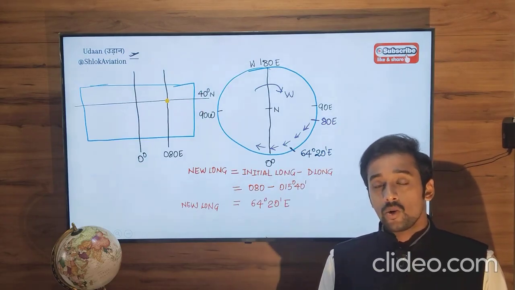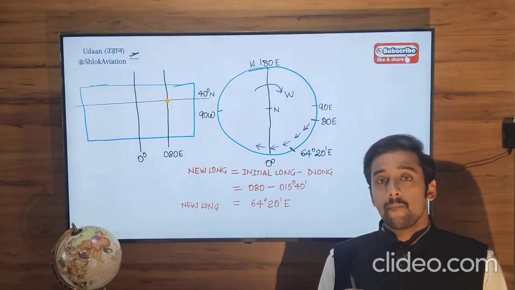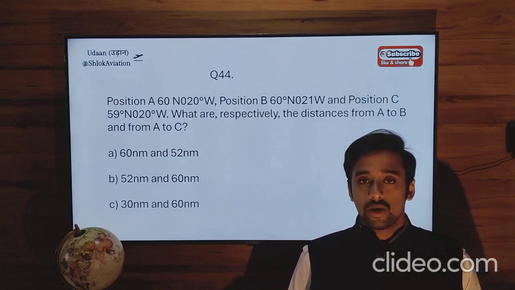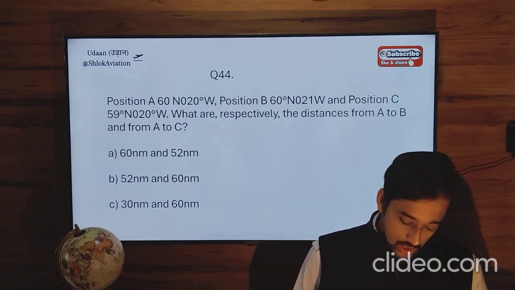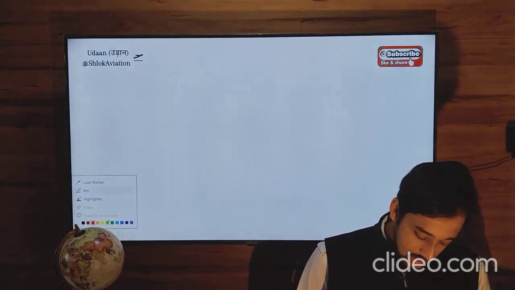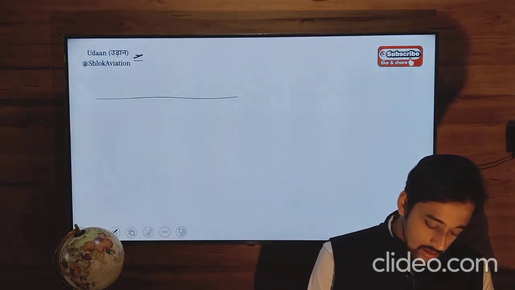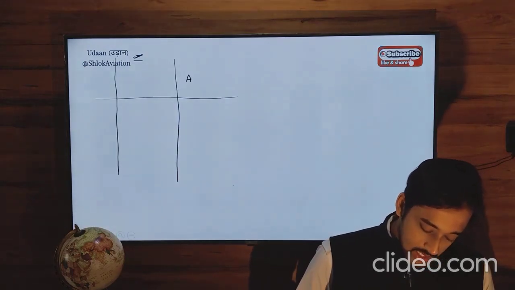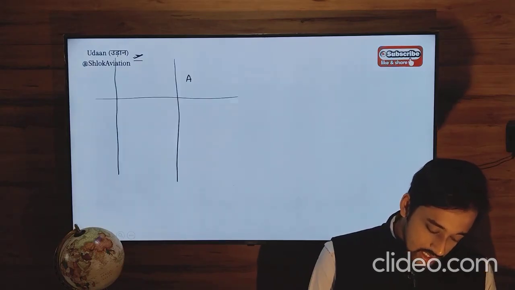To find or to know whether your new longitude will be A, B and C are given to you, we have to find distances between AB and AC. So let's plot that. Very simple. So position A is 60 north, 20 west.